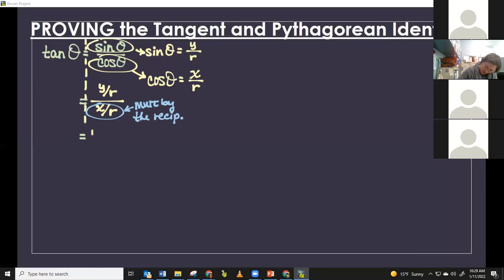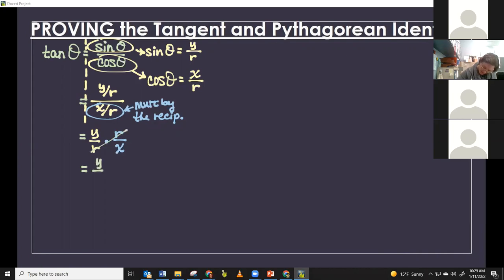So I would have Y over R still there. Multiplying by the reciprocal would be R over X. What happens when I multiply those together? It equals Y over X. Yes.